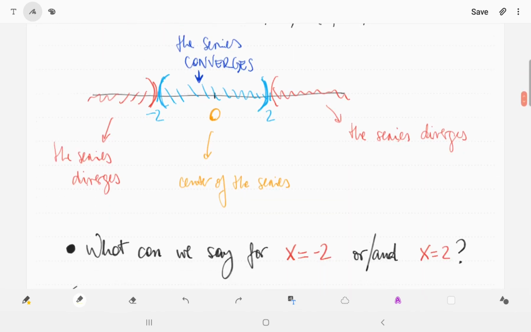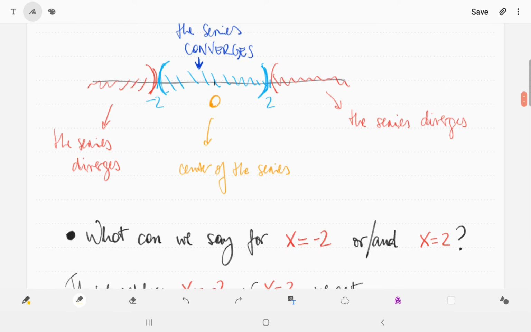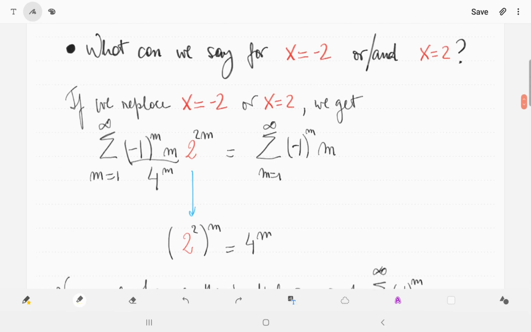Like here, in this example, the extremes of the interval are -2 and 2. And then what we can do to decide what happened at those extremes is just see by hand if we can compute the partial sums, and see if we can compute by hand, just with the limit of the partial sums, what happened with this series at those points.